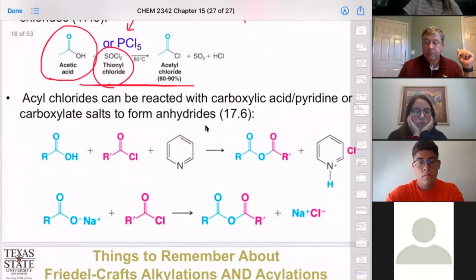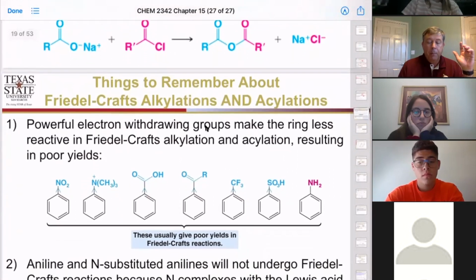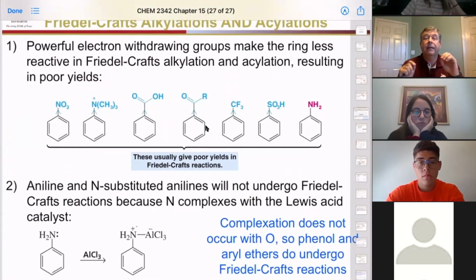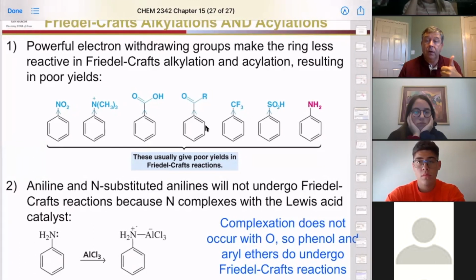Okay. So now let's do a compare and contrast of alkylations and acylations. Powerful electron withdrawing groups make the ring less reactive to acylations or alkylations, okay? Meaning if you have any of these electron withdrawing groups, and think of electron withdrawing groups as anything with a partially positive or positive atom on it, they do not react.